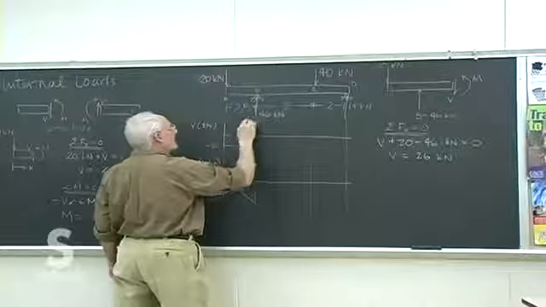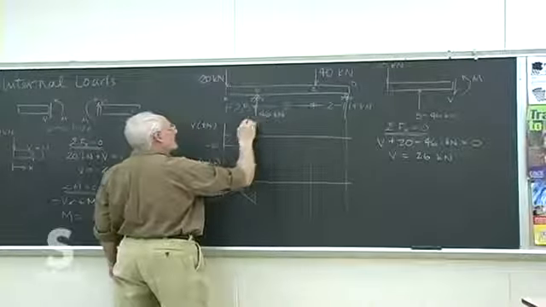Remember X from the, where did I draw it? There we go. X as measured from the left side. So we know we've got 46 X kilonewton meters.